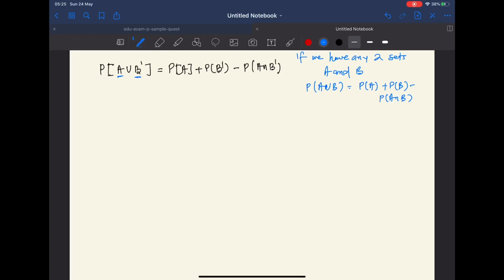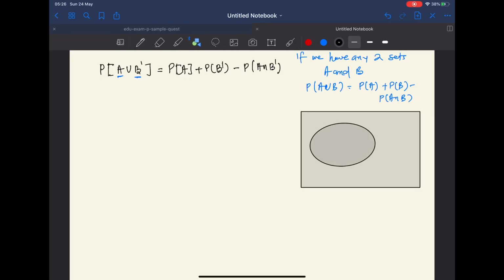Now, you would agree here with me, and when I draw this set here, let's consider this as A and this as B. B complement is the region I will shade in red.